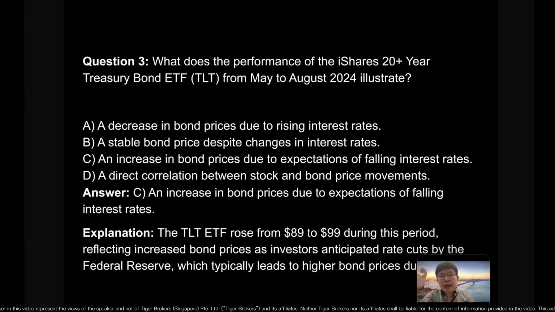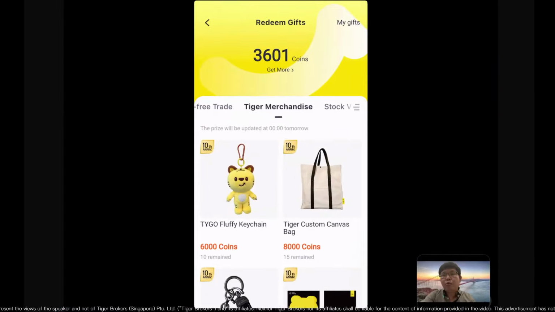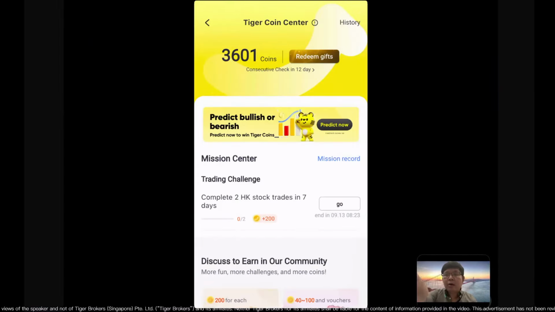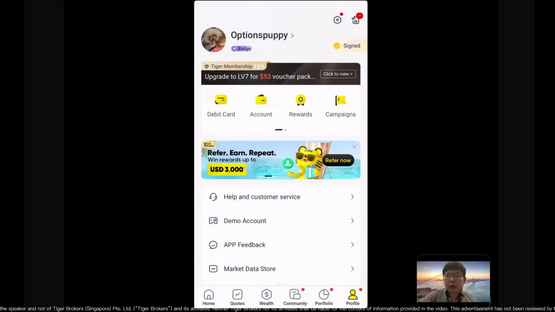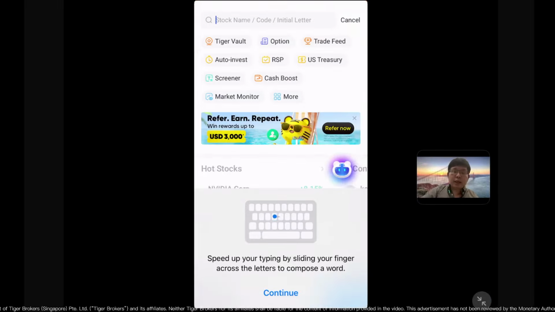Later, before the last question, we can look at how we navigate on all this TLT. So I'm going to the Tiger app.